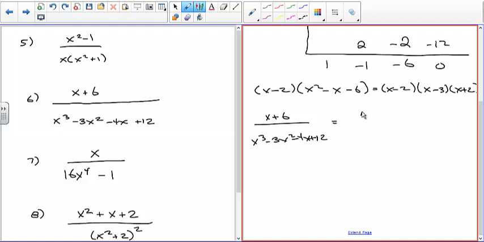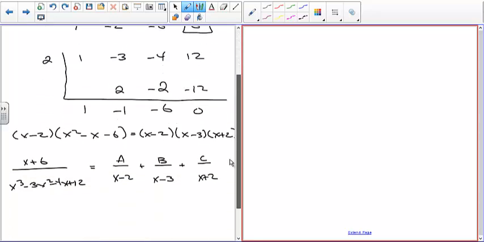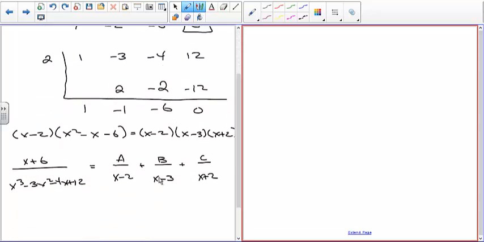So we're going to have a over x minus 2 plus b over x minus 3 plus c over x plus 2. Now, one thing's good is we are going to be able to solve this reasonably easily once we get it all together, because we can set each x equal to 2, 3, and negative 2, and it'll simplify things considerably.